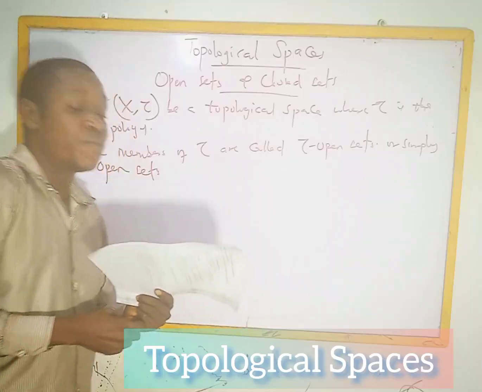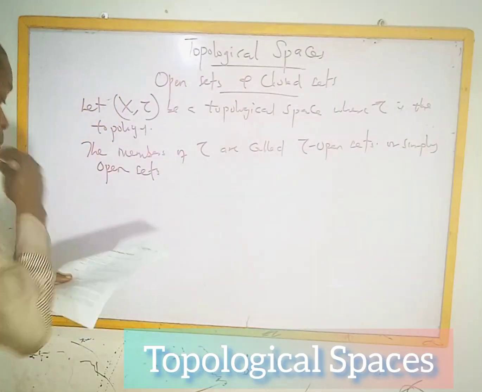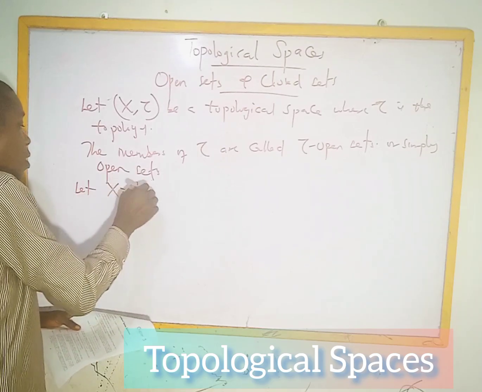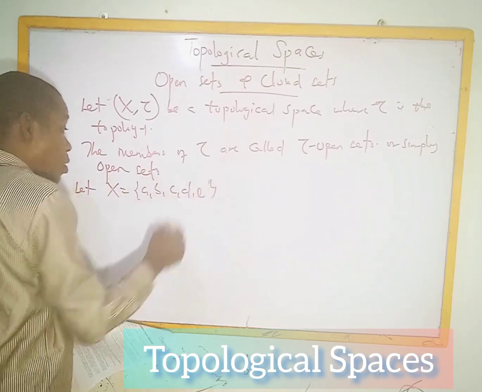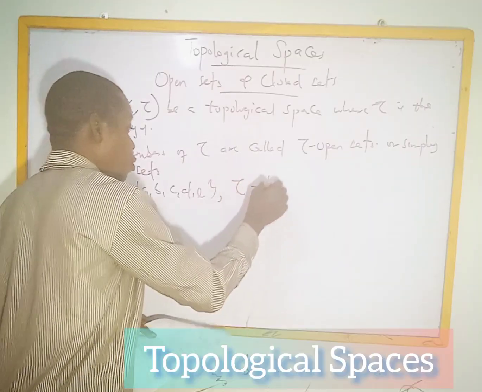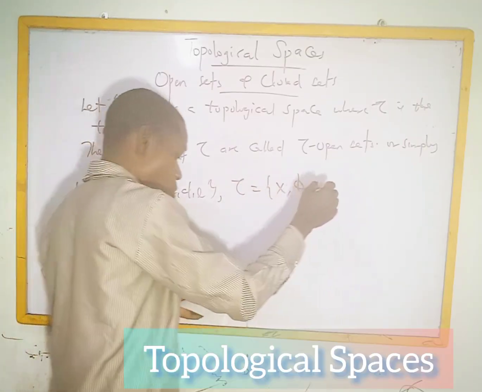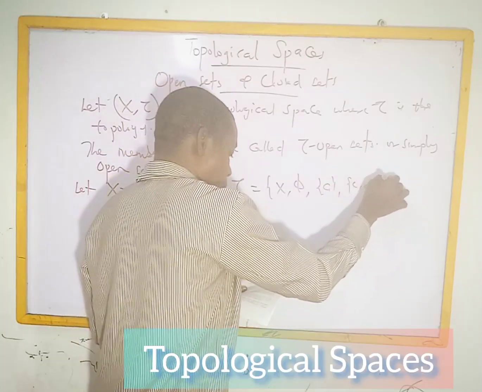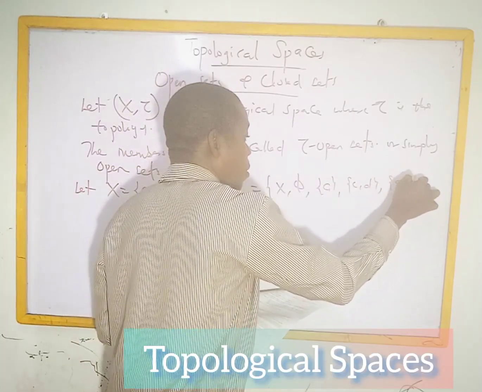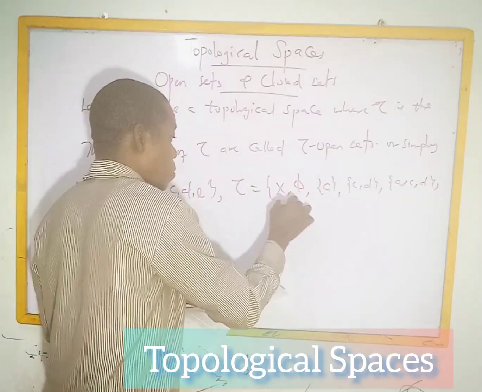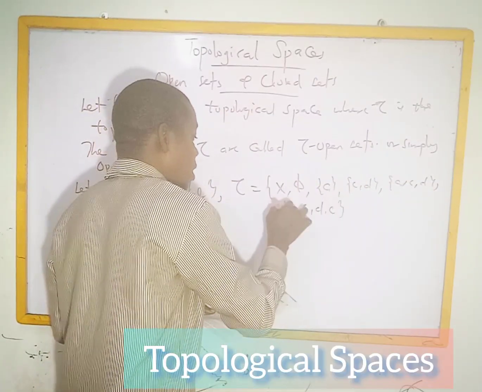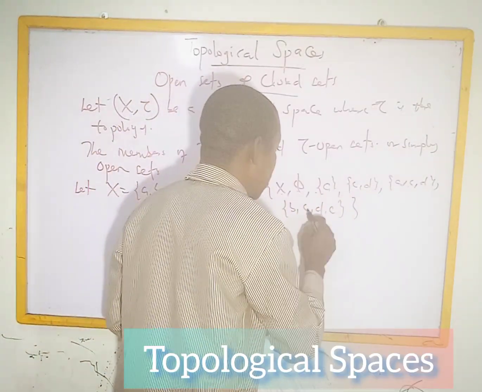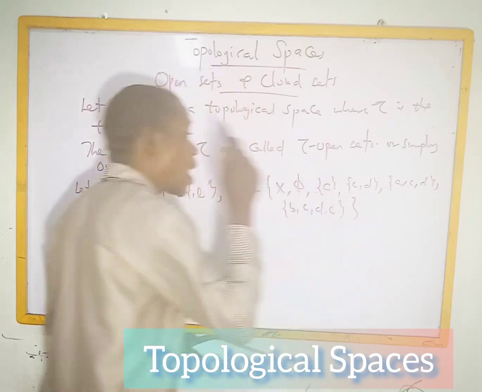Now in the first example that I gave, we said let X be equal to A, B, C, D, E, which has a topology of the empty set, then we have A, we have C, D, then we have A, C, D, and then B, C, D, E. Each of these sets in this topology is called an open set.